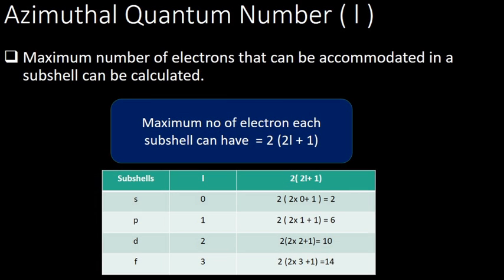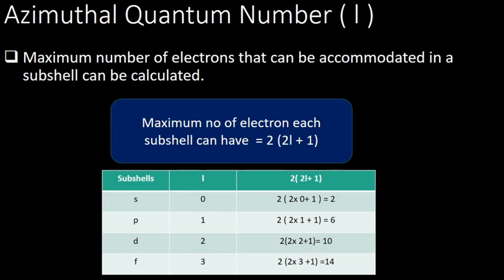The maximum number of electrons that can be accommodated in a subshell can also be calculated. That is, the maximum number of electrons in each subshell is equal to 2 into 2L plus 1. 2 should be multiplied by the quantity which we obtained by 2L plus 1.